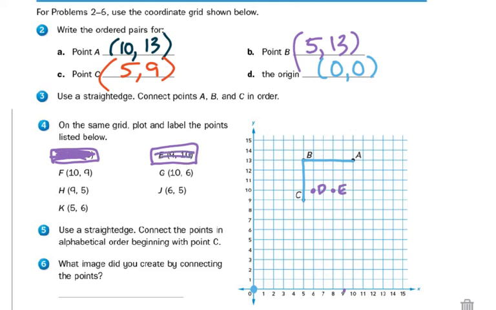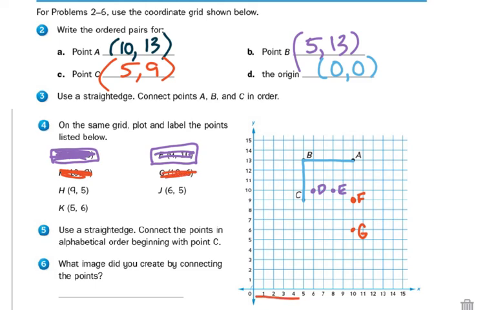F is over 10, up 9, so over to 10, and then go up to 9, and that's letter F. G, 10, 6, so over to 10, and then up to 6, the letter G. And again, if you need additional time, go ahead and pause the video.